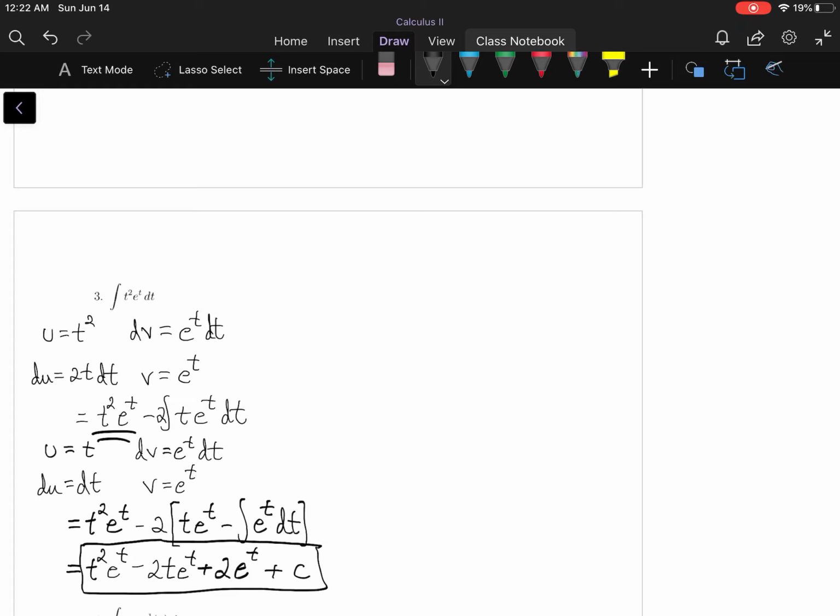Now, there is an alternative approach that you may like. It uses integration by parts, but it tends to be referred to as the tabular method. And the way that it works is you tend to define your u part and your dv parts.